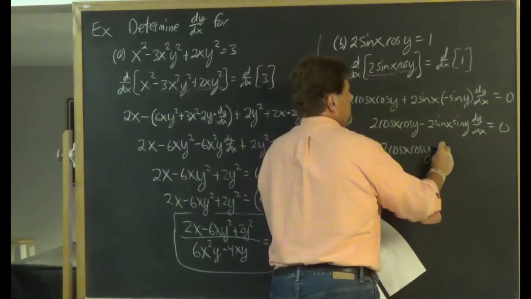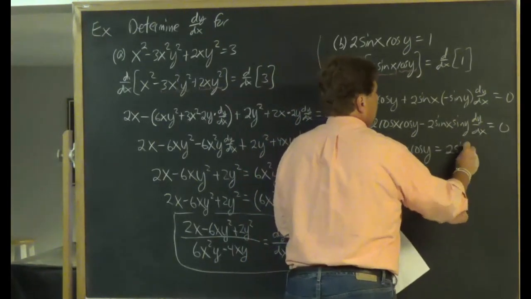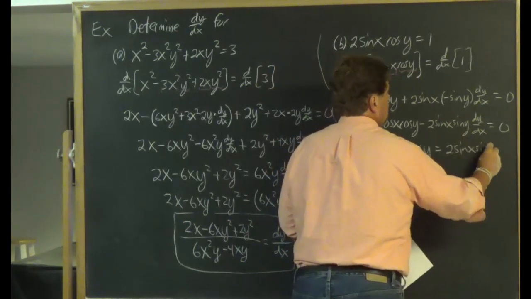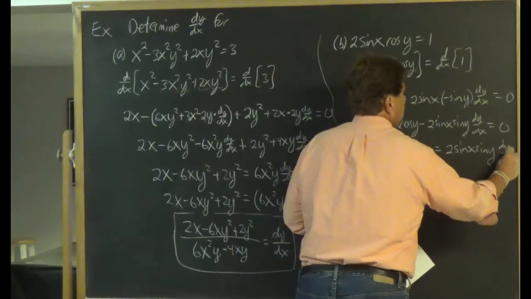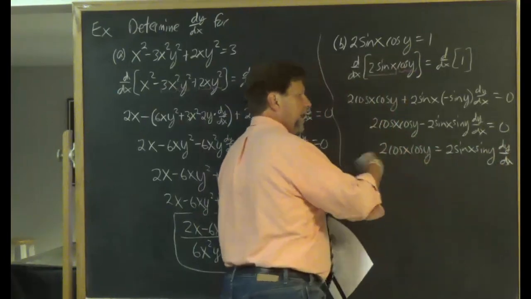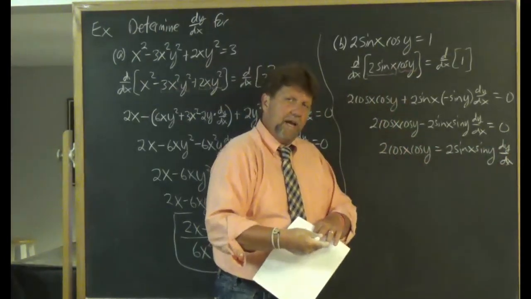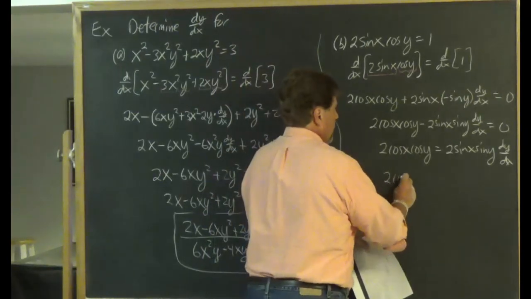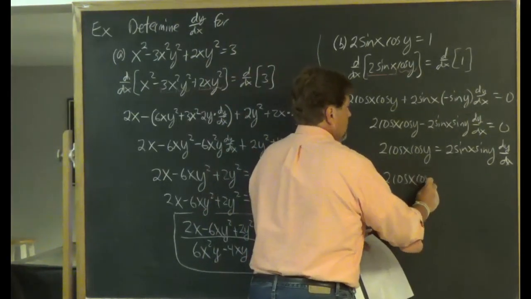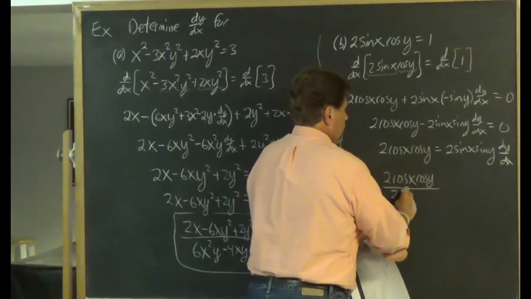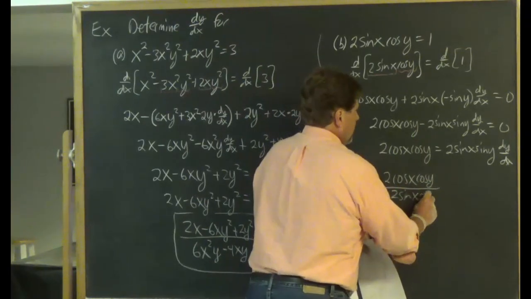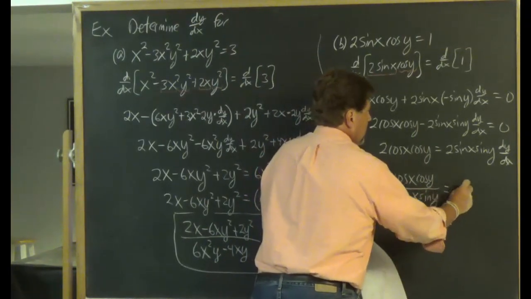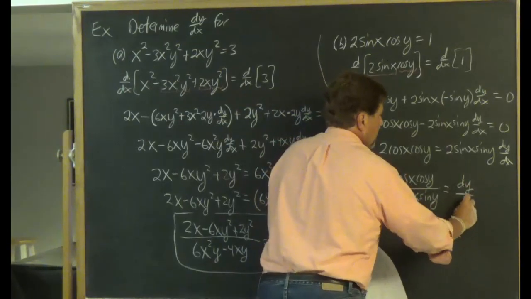Now I personally would add that to both sides of the equation to get 2 cosine x cosine y equals 2 sine x sine y dy/dx. And then just simply divide both sides of the equation by 2 sine x sine y, and we get 2 cosine x cosine y over 2 sine x sine y equals dy/dx.